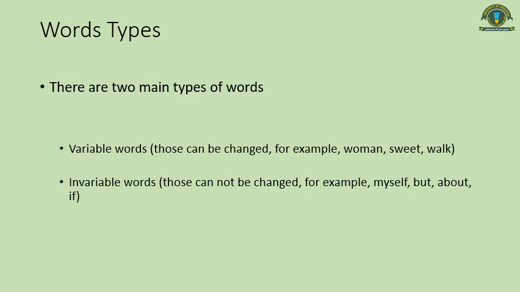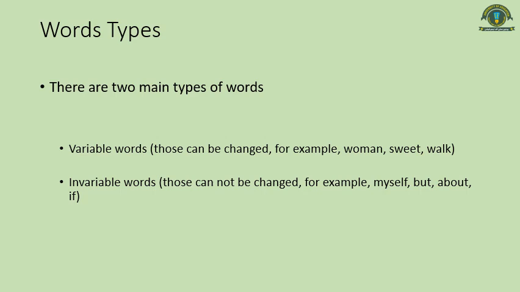Myself is invariable. You never have myselves. If you want something else for plural, you have to use ourselves, that's a different word. Then we have walk, variable, and about, invariable.